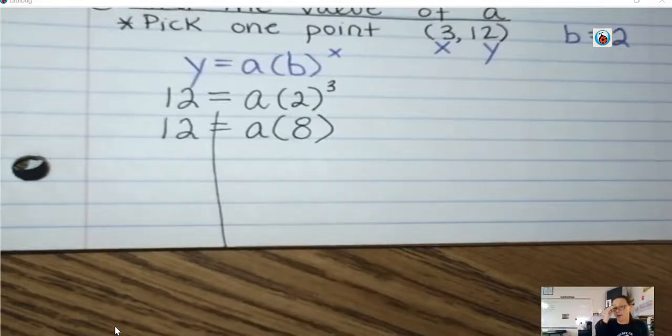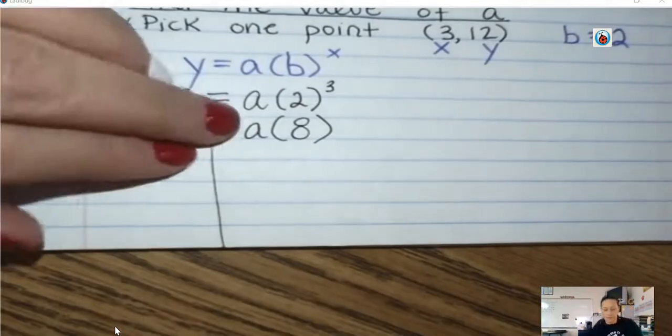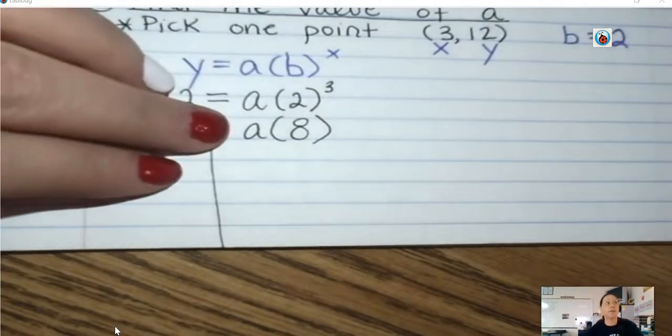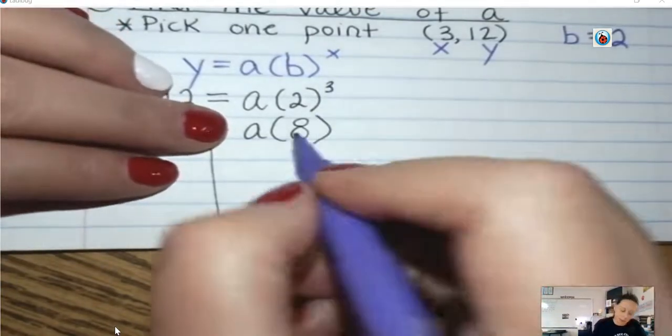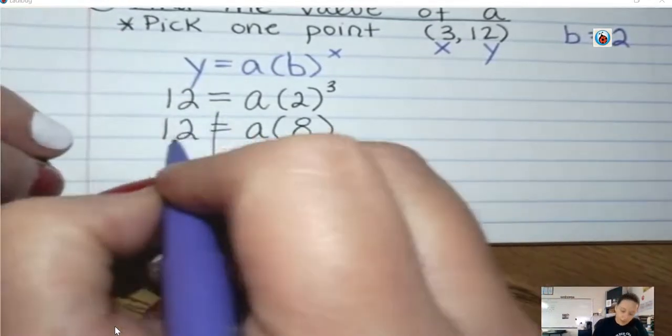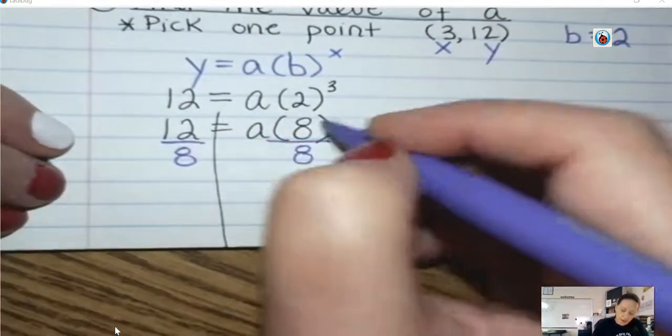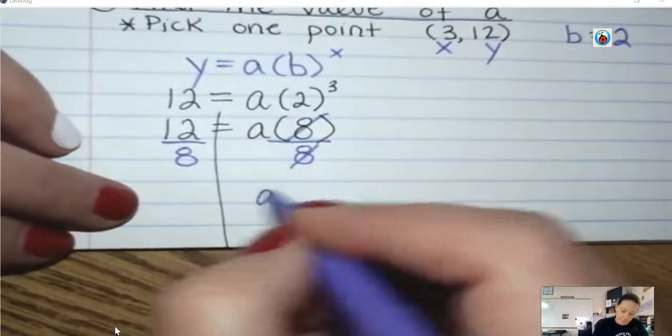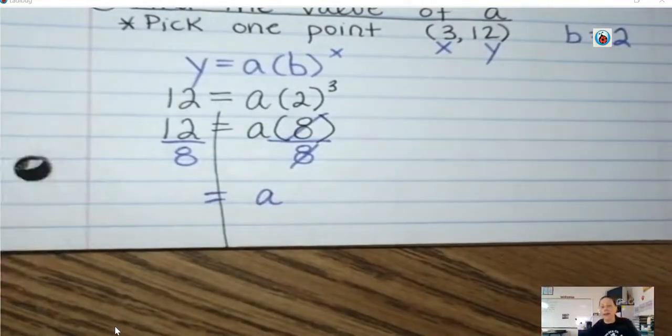Okay, go ahead and get a by itself. Undo multiplying by 8. So look at the side that has the letter. Right now it says 8 times a, so to undo multiplying by 8, I'm going to divide by 8. If I do that to one side, you have to do it to the other side. 12 divided by 8.